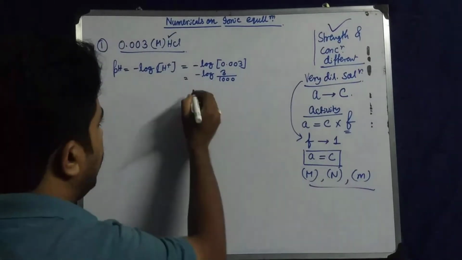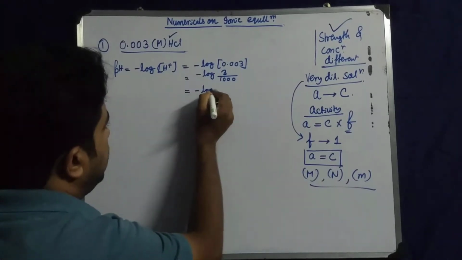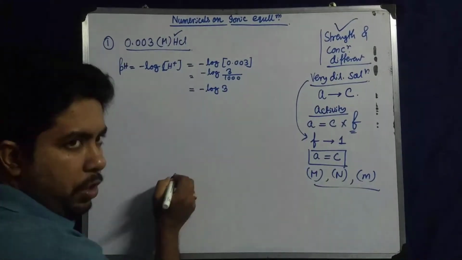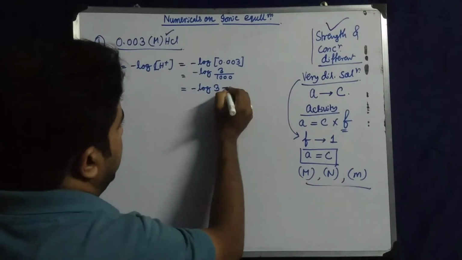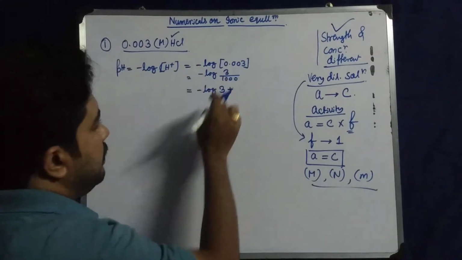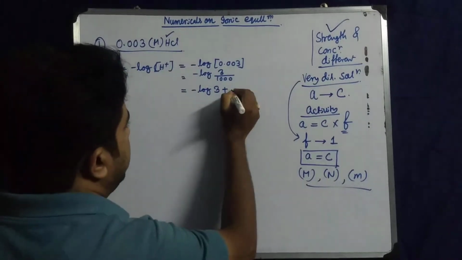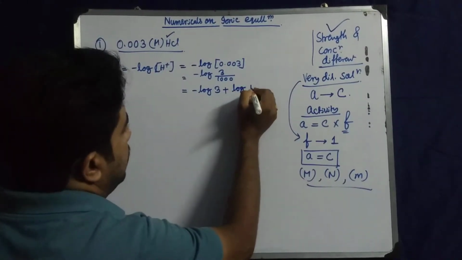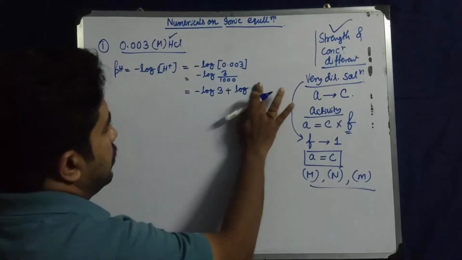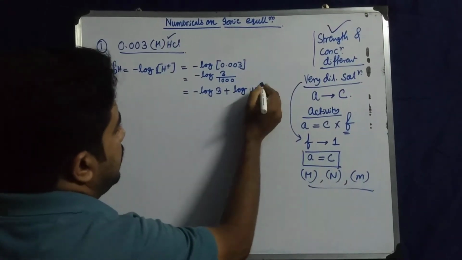As I told you already how to deal with logarithms: minus log 3, then plus will come. Why? We know that division inside a log means subtraction. So the plus will come here and it will be log 10 cube.